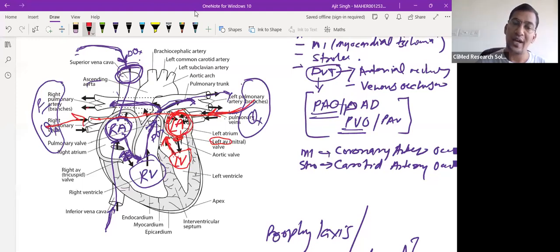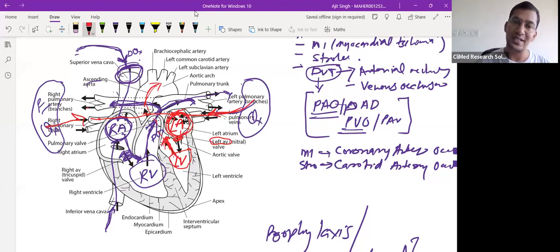So from LV through the aortic valve, it goes to the ascending and descending aorta, and from there multiple branches distribute the blood to the entire body.